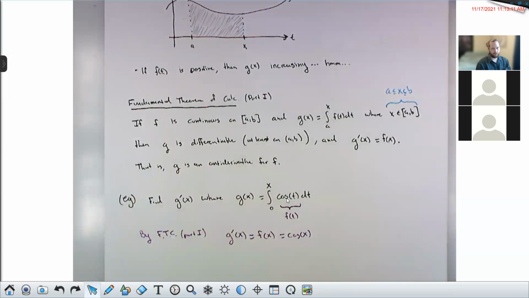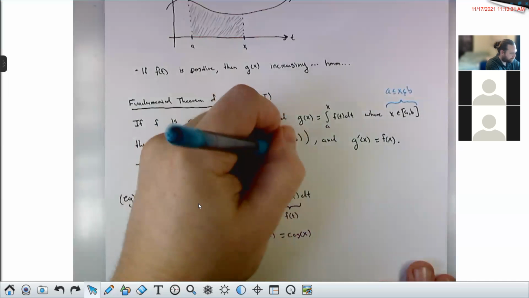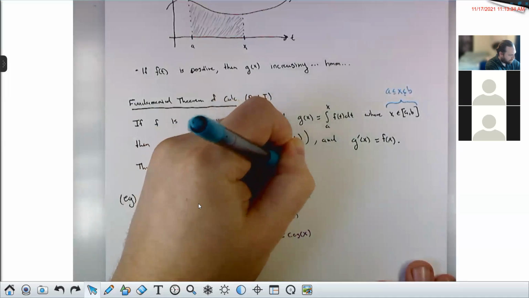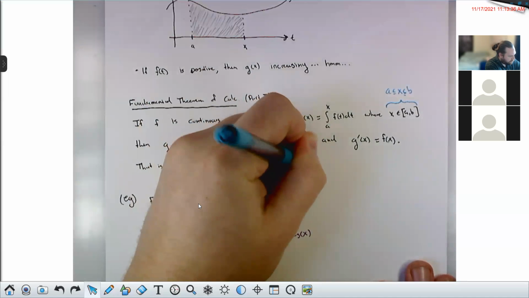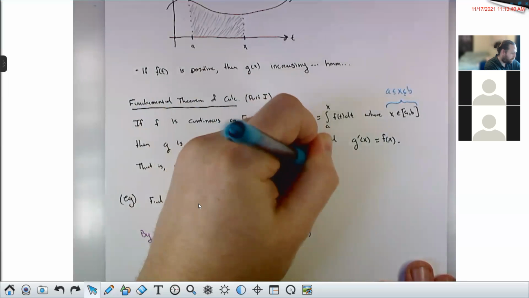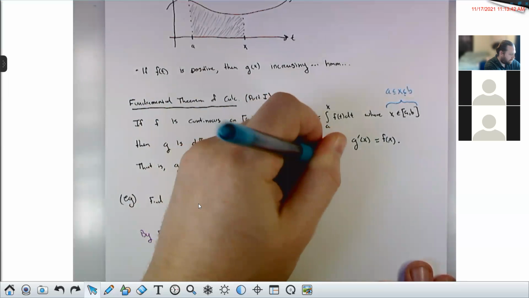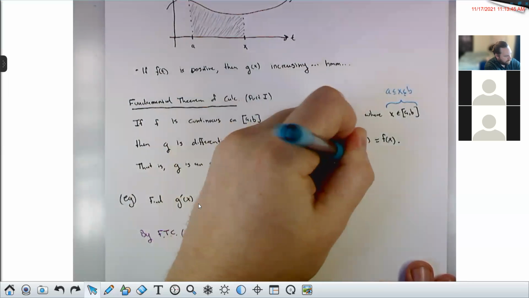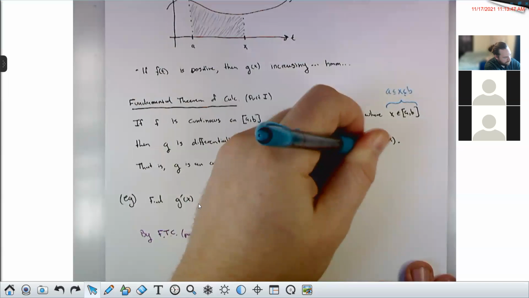So in other words, to differentiate something like this, you just take this variable and plug it in here. The integral goes away, the dt goes away, you take this variable and plug it in here. Another way of writing FTC1 is that d/dx of the integral from a to x of f of t dt is f of x.